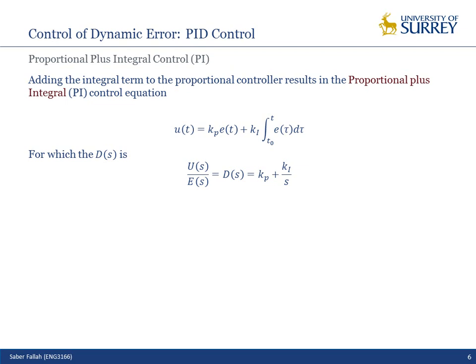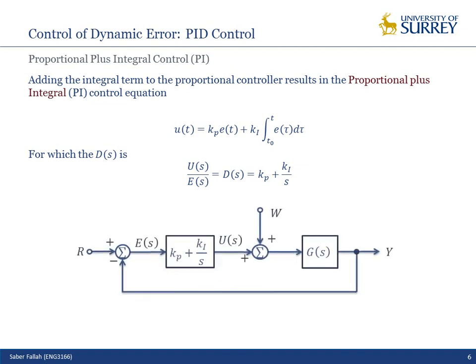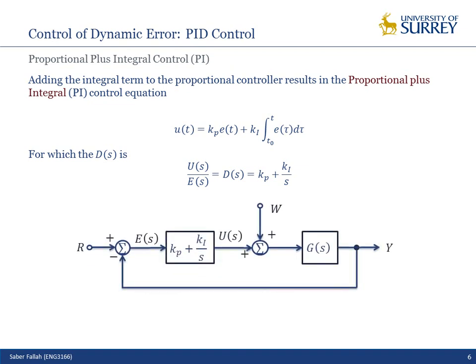The reason that we use the Laplace transform is to transform the dynamic equation of the system to the Laplace domain by s. d over dt is equivalent to s, and integration is equivalent to 1 over s. So the block diagram is in this format.